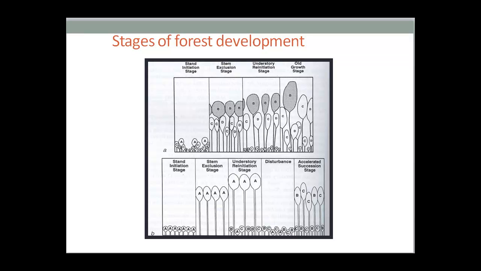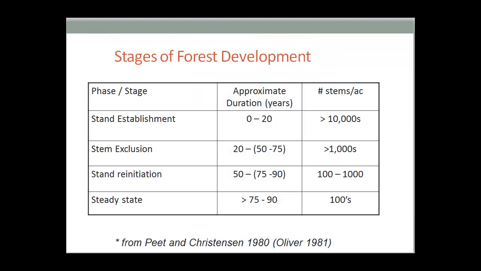But let's look at the classic model. It has 4 stages. Here they are again: stand establishment, stem exclusion, stand reinitiation, and steady state. This is what's described in one of the readings by Bob Peet and Norm Christensen, and also in Chad Oliver's bulletin that was developed about a year later.